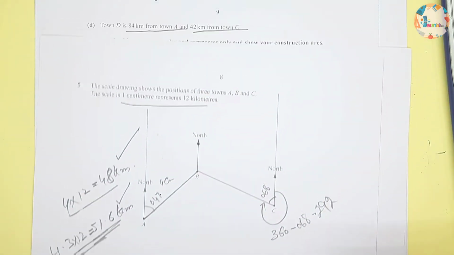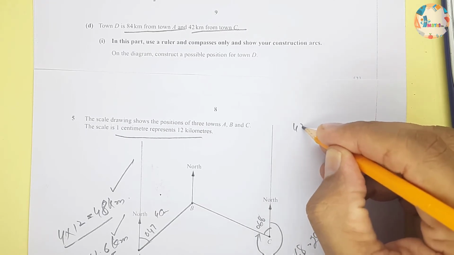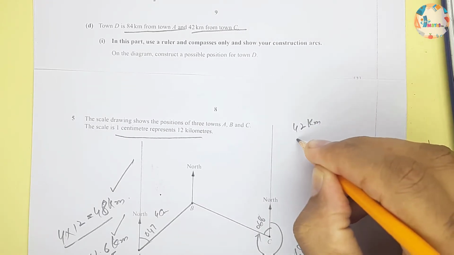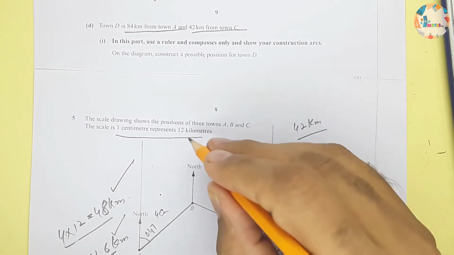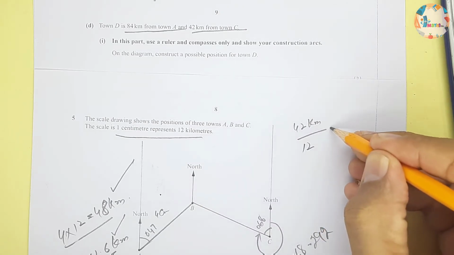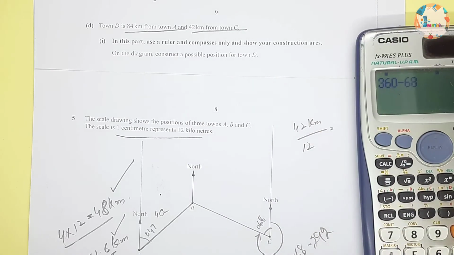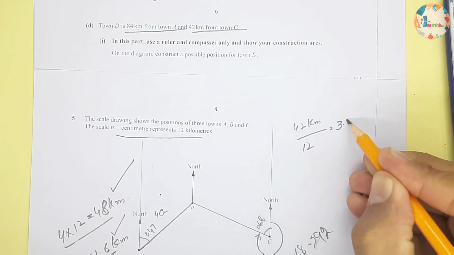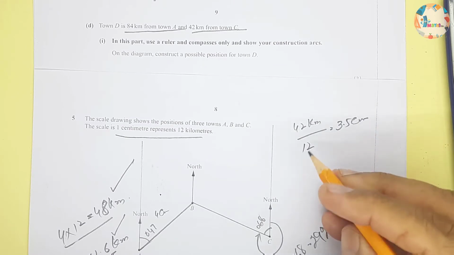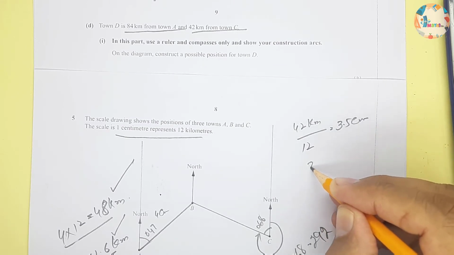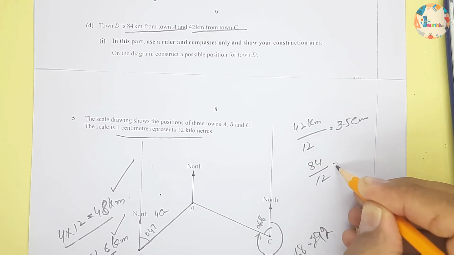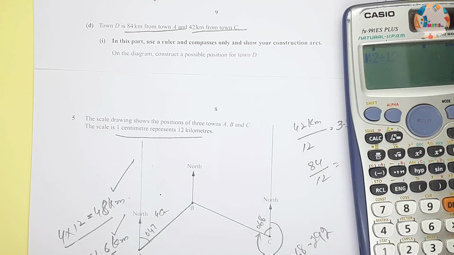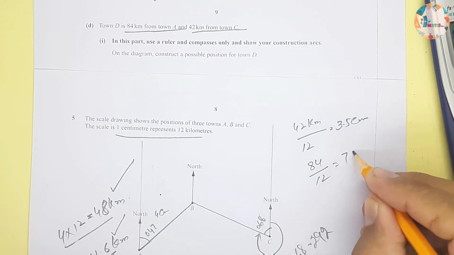So if we have to check 42 kilometers, by this scale we will divide by 12, so 42 divided by 12 will give us 3.5. So this measurement will be 3.5 centimeter, and 84 divided by 12 will be 7, so this will be 7 centimeter.